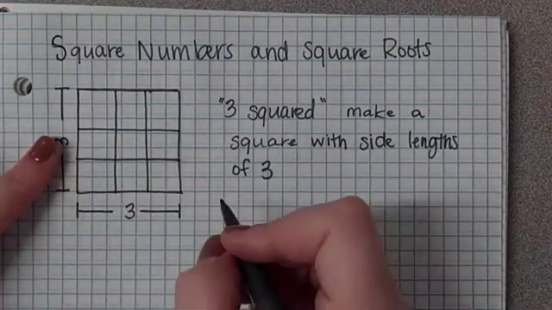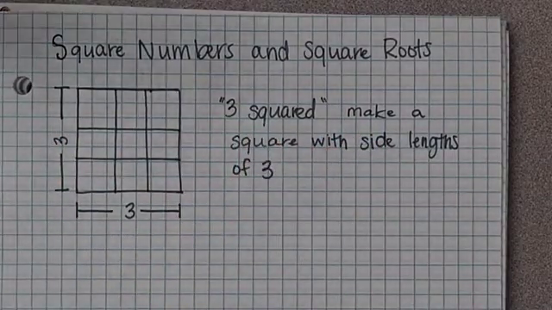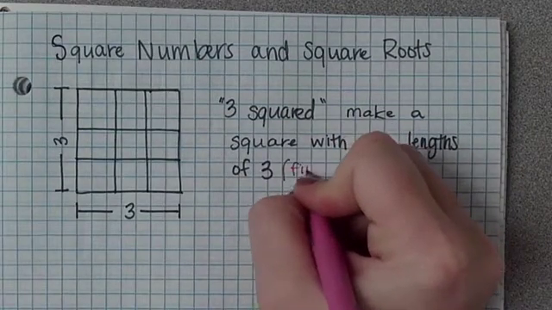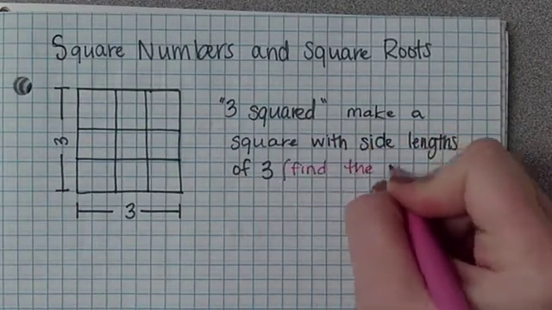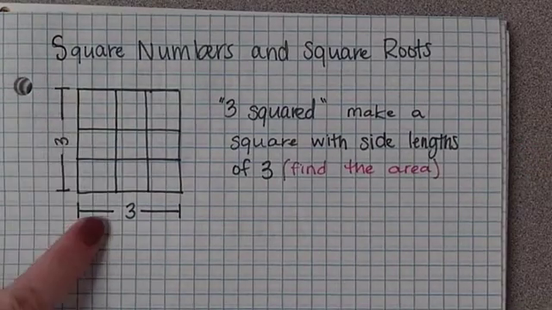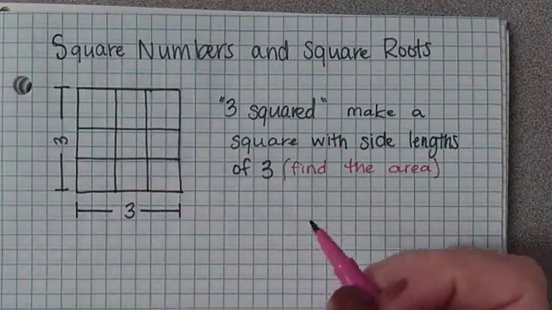So 3 squared is finding the area, I should say. If we think about this square, how many units are in this square?